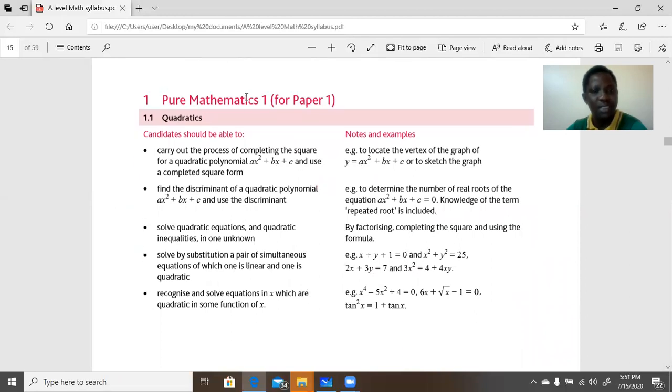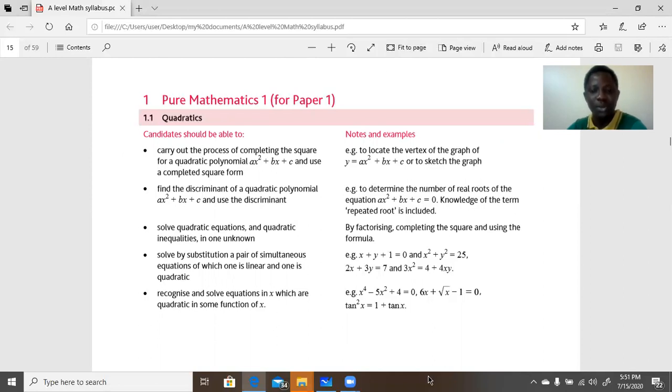This is Pure Maths 1, paper 1. The second objective is to find the discriminants of a quadratic polynomial ax squared plus bx plus c, and use the discriminant to determine the number of real roots of the equation ax squared plus bx plus c equals 0. The knowledge of the term of repeated roots is included.